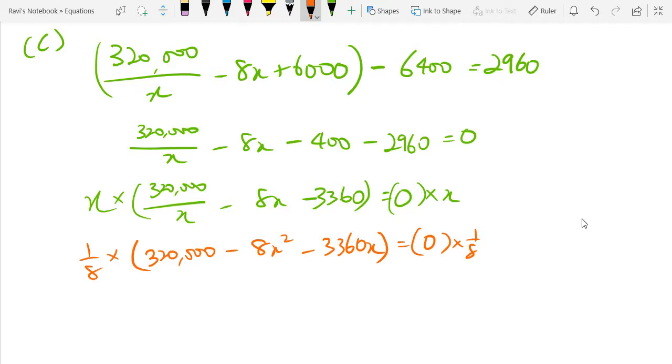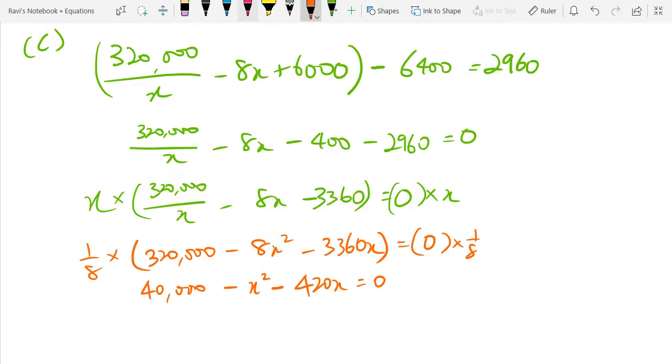So 320,000 divided by 8, I get 40,000 minus x squared minus 420x equals 0. Usually the highest power of x, the coefficient, we would like to keep at a positive sign.